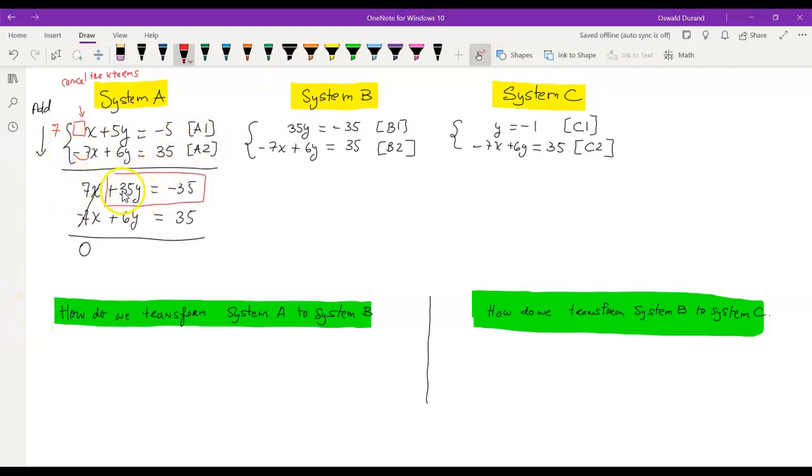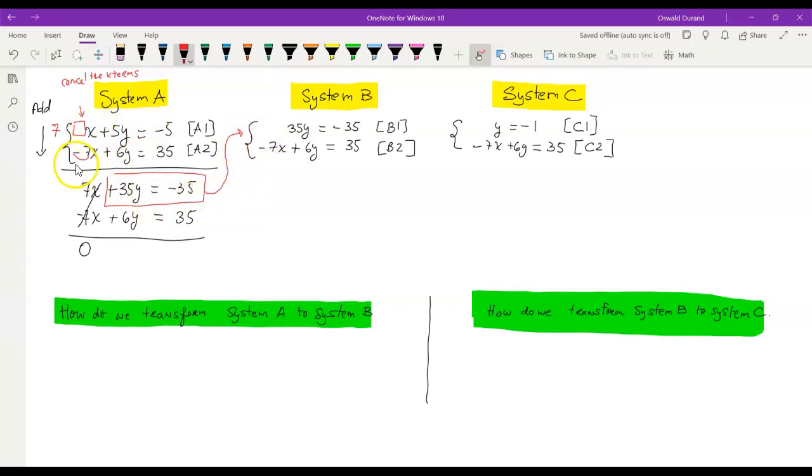And we are left with 35y equal to negative 35, and we've transformed system A to system B. Notice that in systems A, B, and C, the second equations are the same. So we're only transforming the first equation.